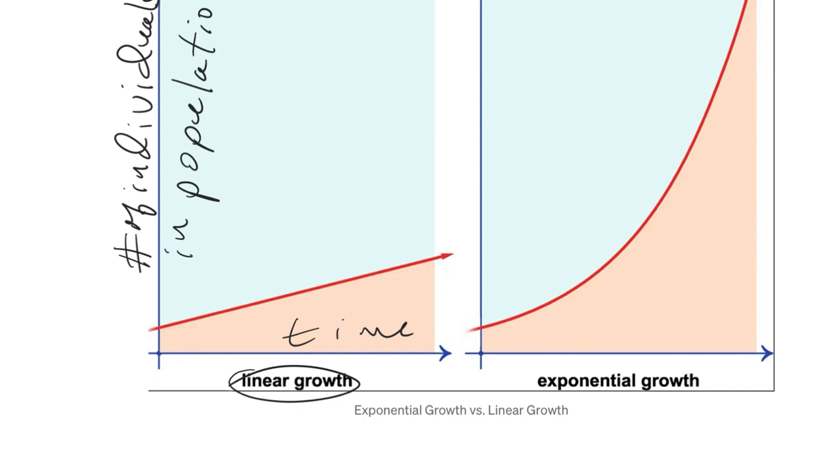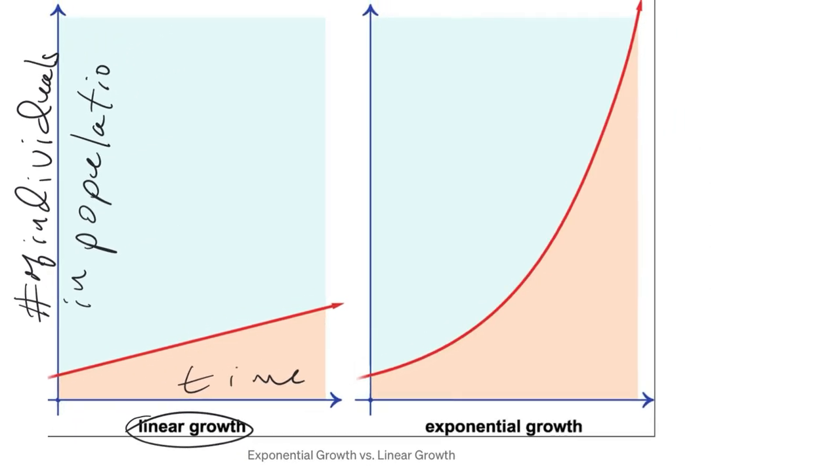Now, exponential means that the curve's getting steeper and steeper and steeper with time. The growth of the population is increasing at an increasing rate. So you take a chunk of time right here and compare it to a chunk of time right here.